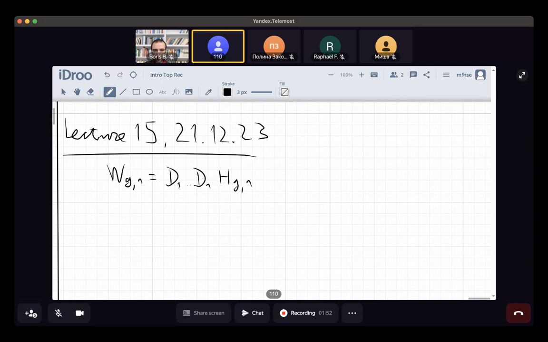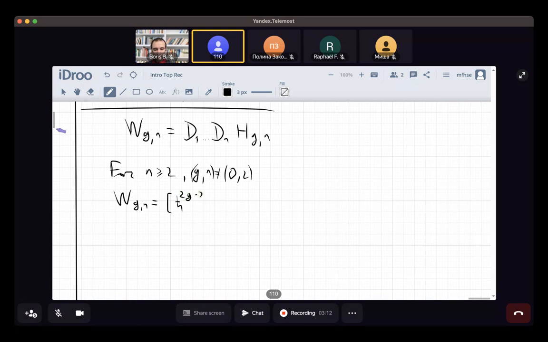Now, what do we have for this W? This holds for n greater or equal than 2, and (g,n) not equal to (0,2). We proved that W_{g,n} is equal to the coefficient in front of h^{2g-2+n} of U_n and so on U_1 applied to the sum over all connected simple graphs of this product over all edges of W_{KL}.